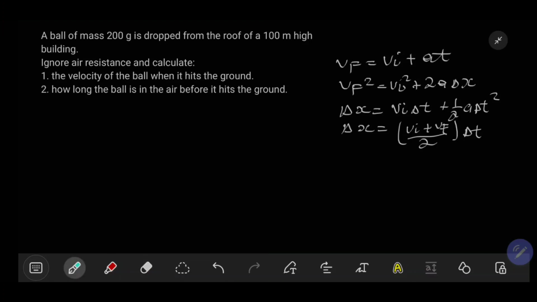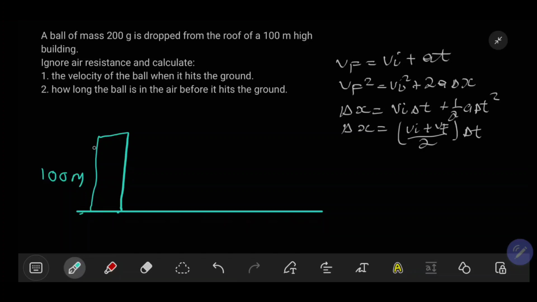So if you analyze this question, we have the ground here, and then a 100-meter high building. From the top of this building, exactly here, we have a ball of mass 200 grams, and this ball is dropped from the top of the building. So the ball goes and goes until it hits the ground somewhere around here.